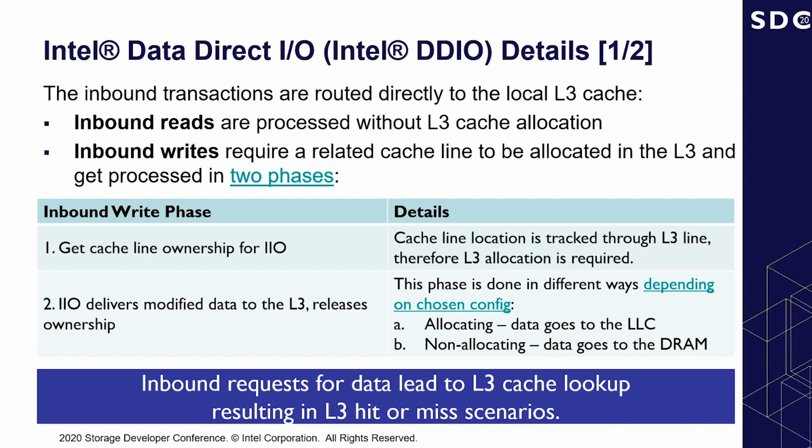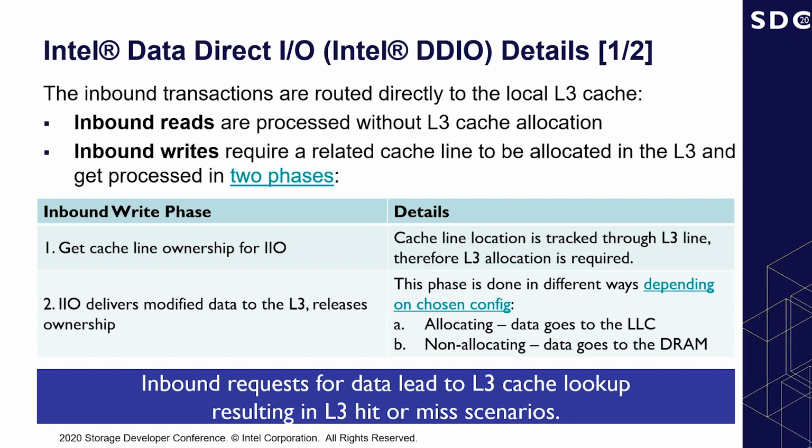So the inbound transactions coming from your I/O device are routed directly to the local L3 cache. This is a big advantage because your local L3 cache is close and it's fast compared to the main memory. Inbound reads and inbound writes are handled quite differently, so let me walk through those two flows for you.